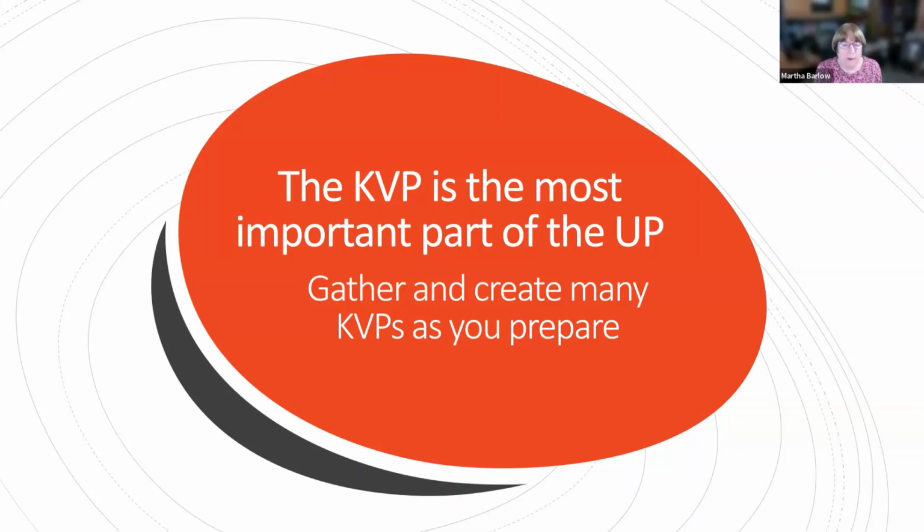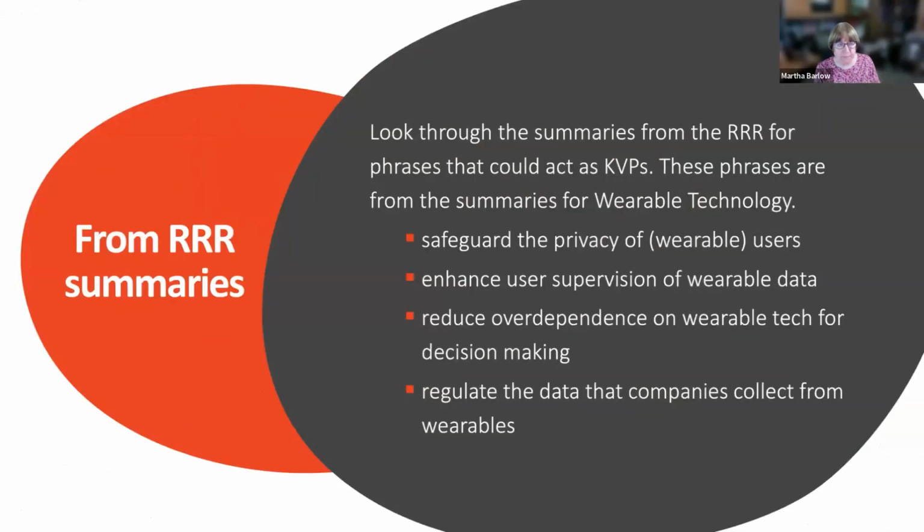If we start right out sometimes with KVPs and key verb phrases, it just doesn't sink in. So we like to start out talking about action goals and then translate that into our official language of key verb phrases or KVPs.